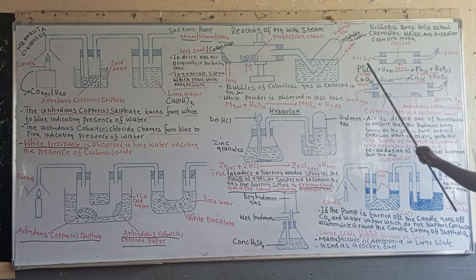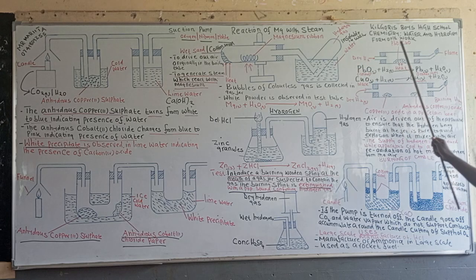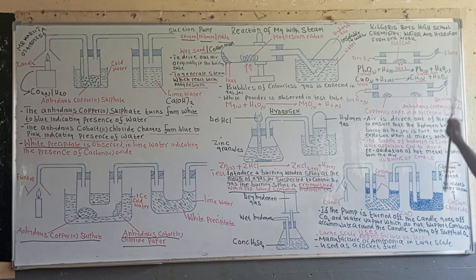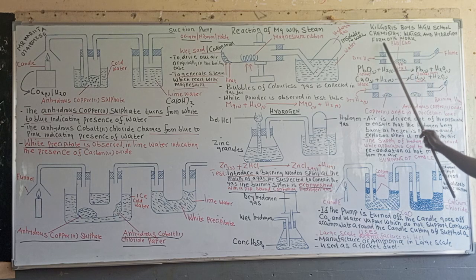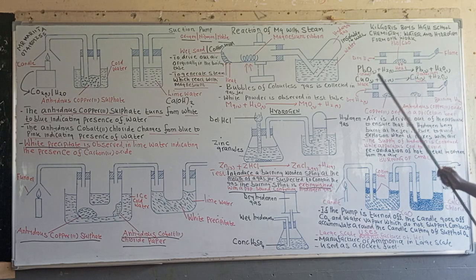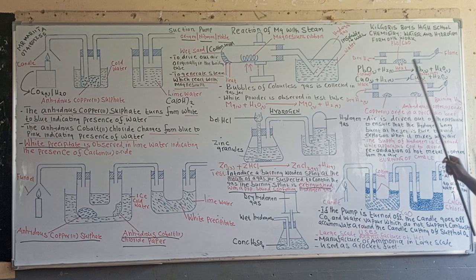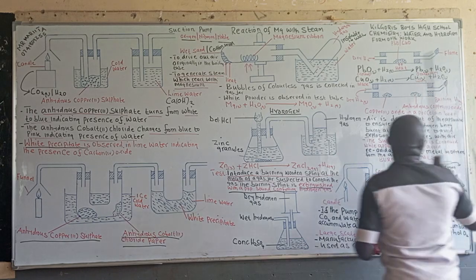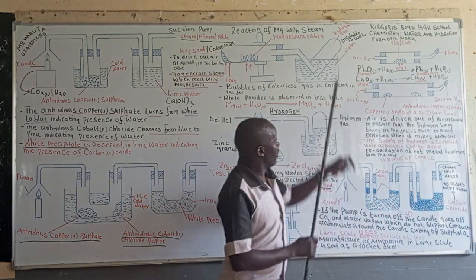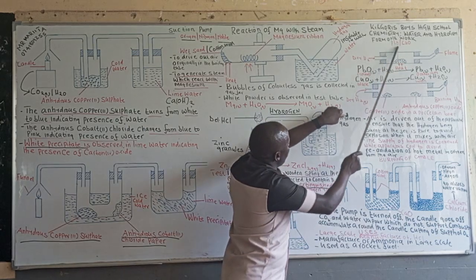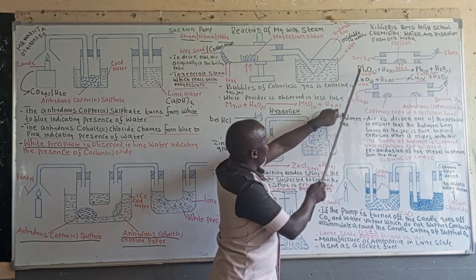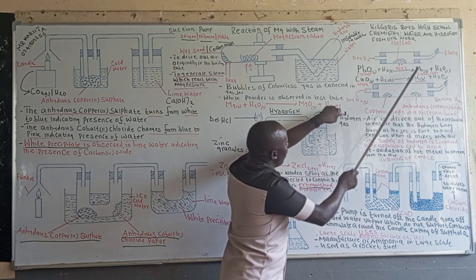So if you introduce dry hydrogen gas here, you can have the copper oxide or the lead oxide. What will happen? The lead oxide will be reduced to lead metal and water. So what are some of the observations you can make here? One, you can see a colorless liquid in the place where we have the lead oxide, which is being reduced to lead metal.